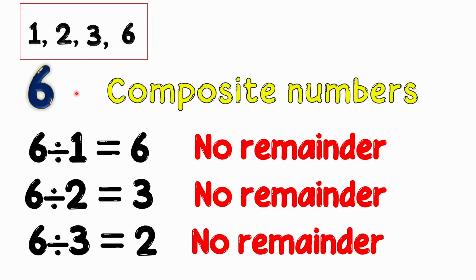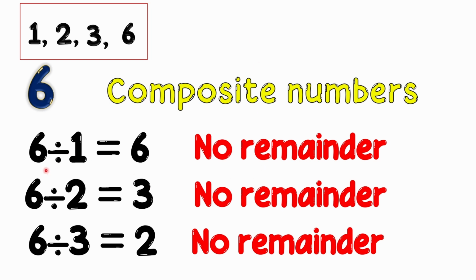So let's have an example. We have 6. Since the factors of 6 are 1, 2, 3, 6, it means we can divide 6 evenly by each of these numbers. So the result will always be a whole number with no remainder. So therefore, 6 is an example of composite numbers.